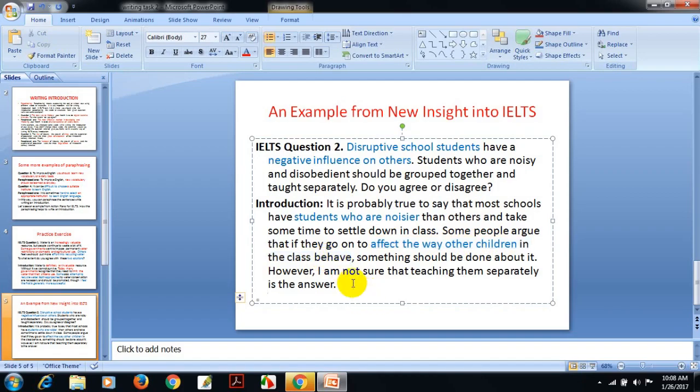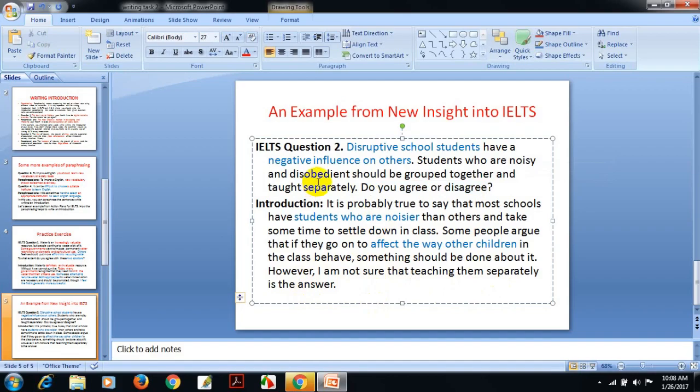And this one is left. Do you agree or disagree? What the student has said here. However, I'm not sure that teaching them separately is the answer.